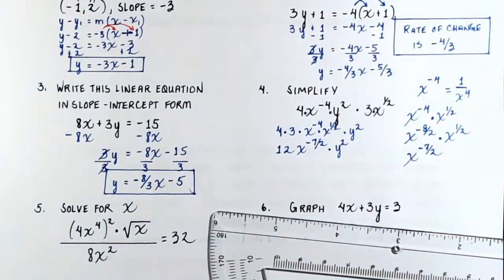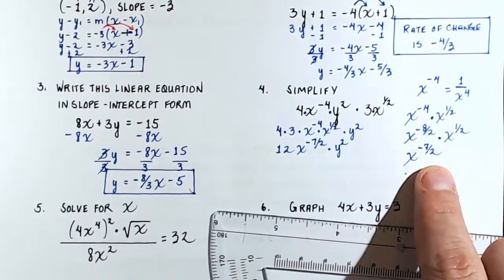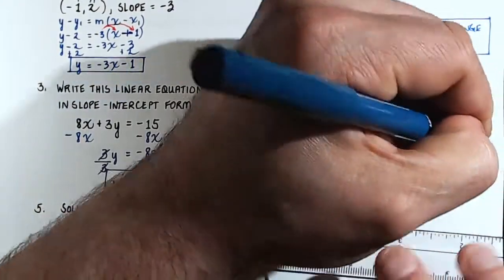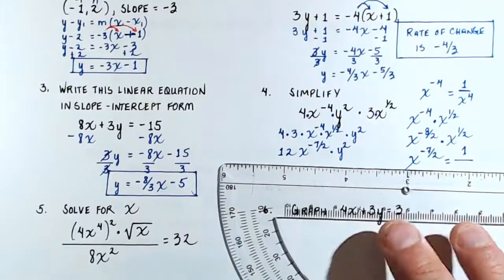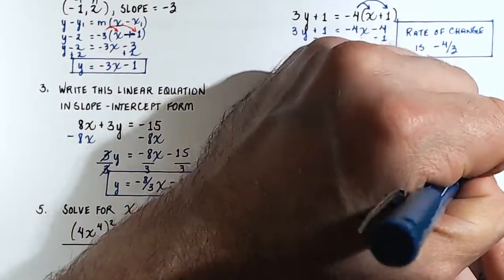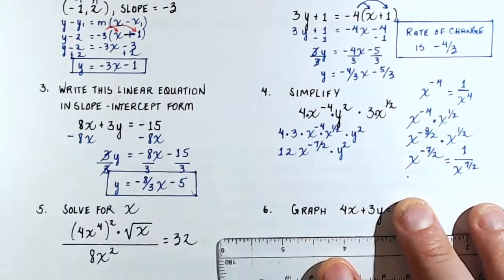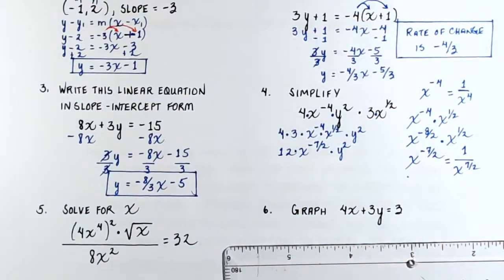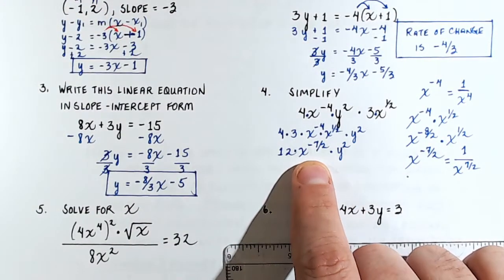Now I'll apply the negative exponent rule. X to the negative 7 over 2 is equal to 1 over x to the 7 over 2. So think about what I have now: I'm going to put this in the denominator.